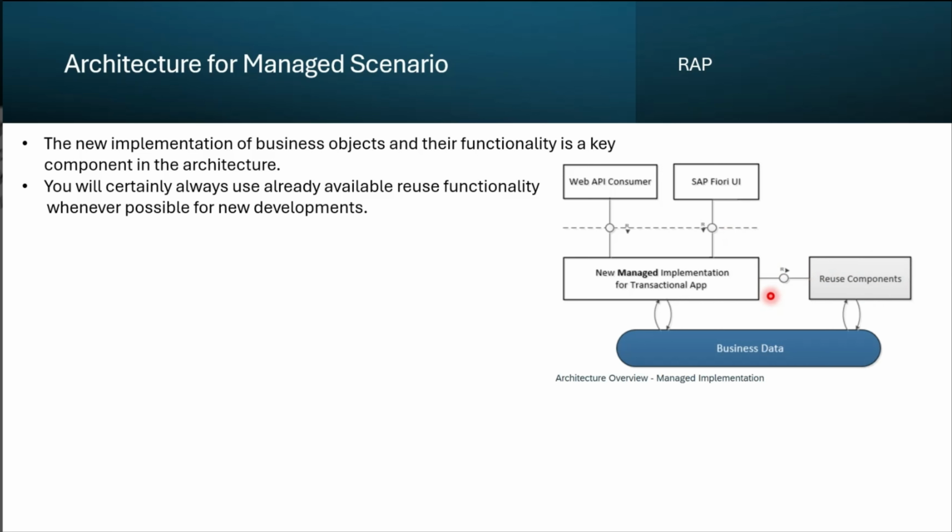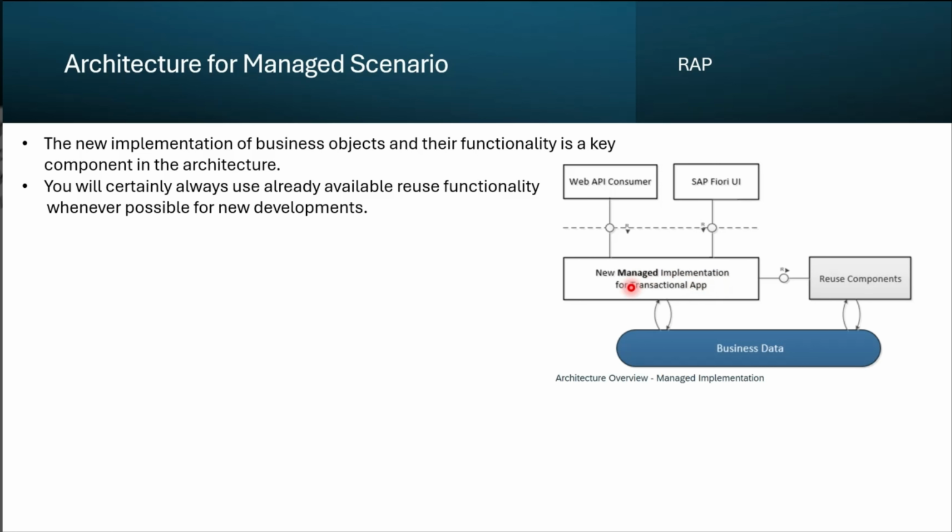For example, in our demo scenario for creating the read only scenario, we have reused components like value helps and text for getting the text from some other views. Those come under the reuse components. So if you have anything standard available or something custom already available for you, you can reuse the components in your managed implementation also.